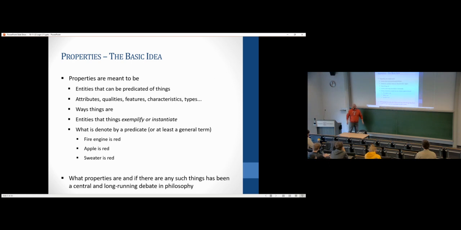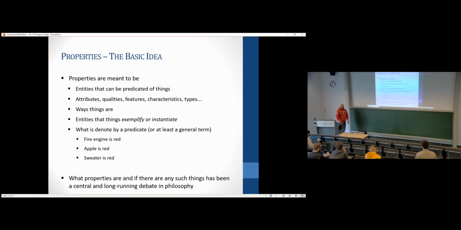But that's digging real deep. So properties are ways things are. That is, this thing is fragile. If I threw it hard enough on the ground, it would shatter. So fragility looks like a way that this thing is.